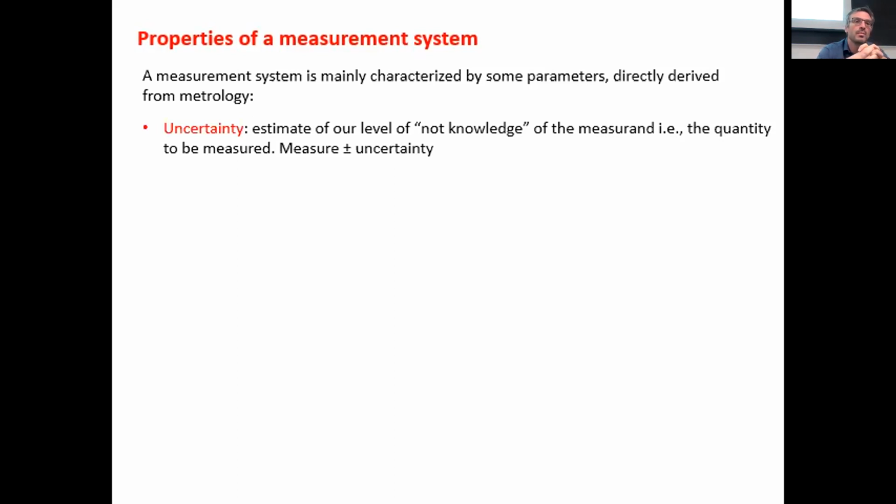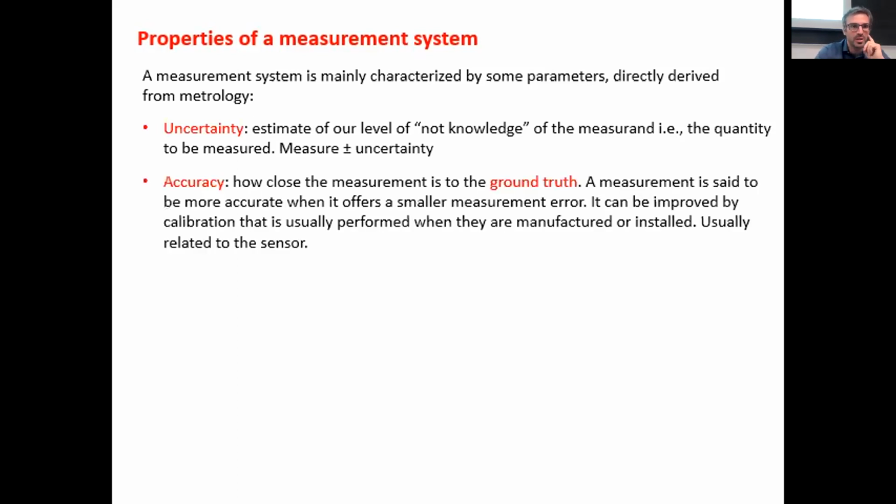So, I don't know, 10 centimeter plus minus 0.1 centimeter is the level of uncertainty we have of a certain position measure. 1000 Newton plus minus 10 Newton tells us the uncertainty of our force measure.